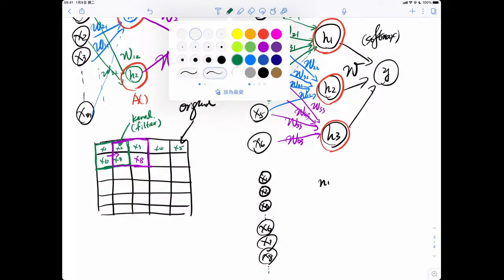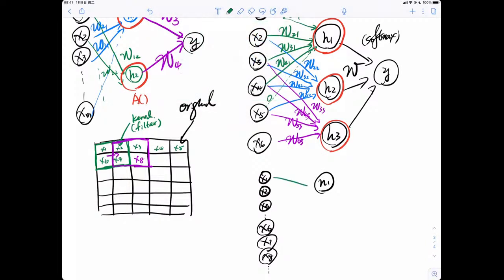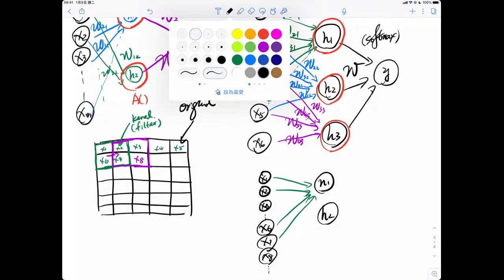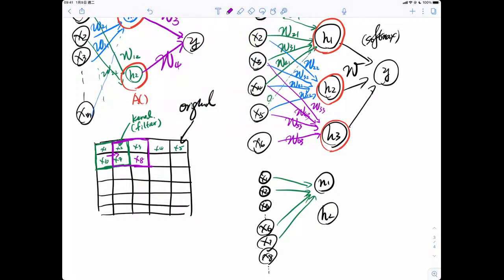And the next neuron right here focuses on the purple ones, which are 2, 3, 7, and 8.